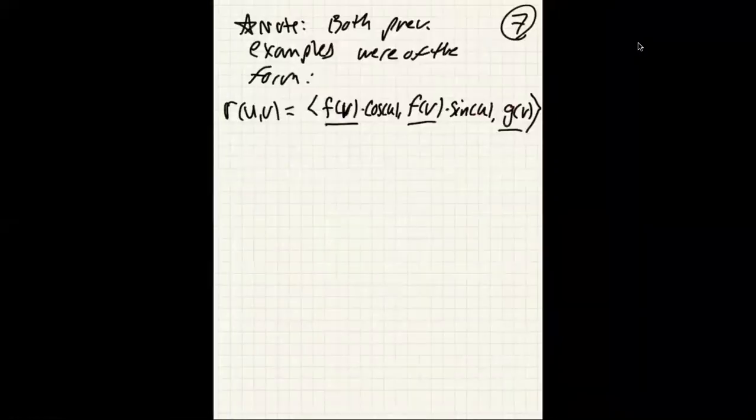So I kind of want to show you what to do in general when you notice a pattern like this.